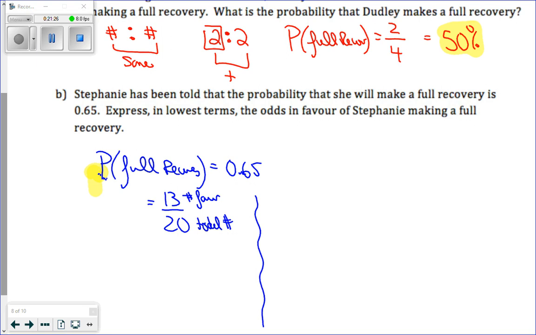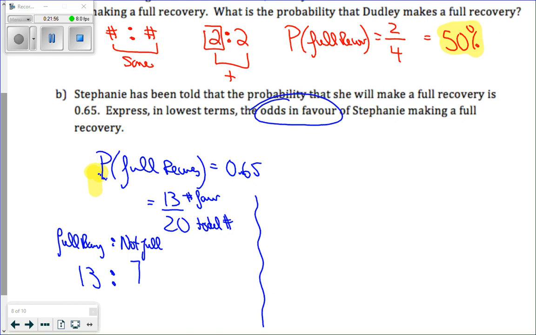Okay. So it says express in lowest terms the odds in favor. So odds in favor, it will be full recovery first, not full recovery second. So how many favorable outcomes does she have? 13. How many of those are not favorable? 7, because 13 plus 7 has to give 20.